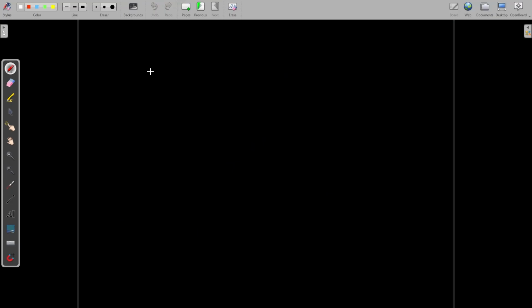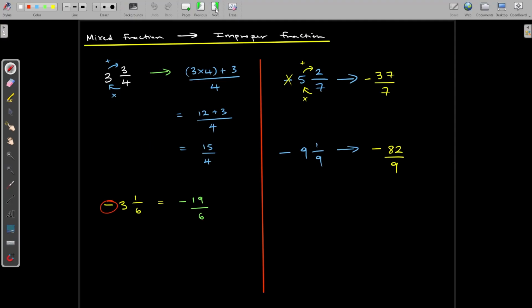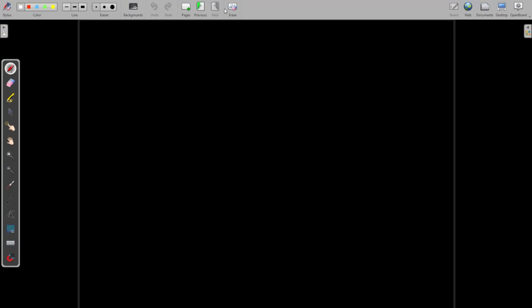Or we can save order of operations for when we're doing transposition, because that's where it will be used. And transposition and algebra. Let me see. Decimals. Alright, so questions.